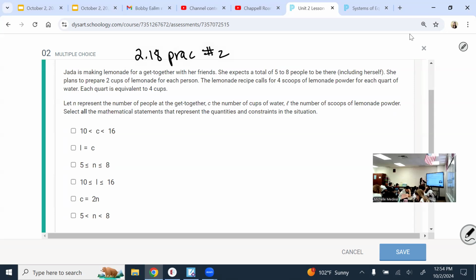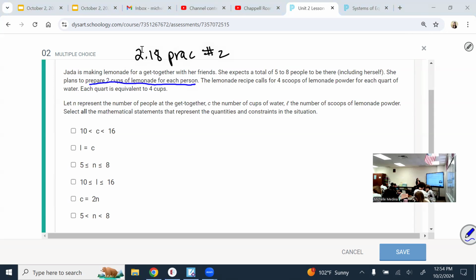So in this one, they have C in the middle of some numbers. What is C representing again? The cups of water. So go back and reread for where it mentions cups of water. She wants 2 cups of lemonade for each person.